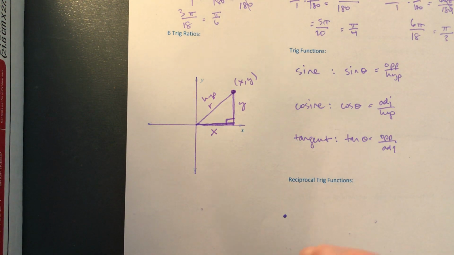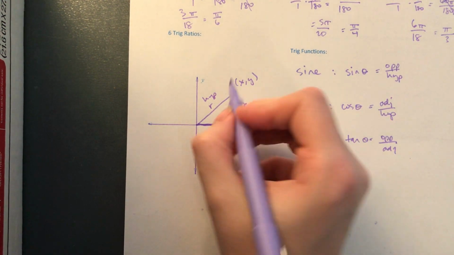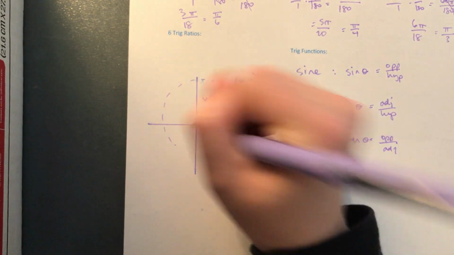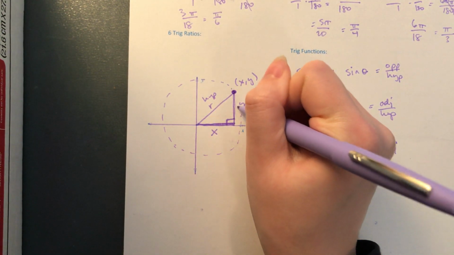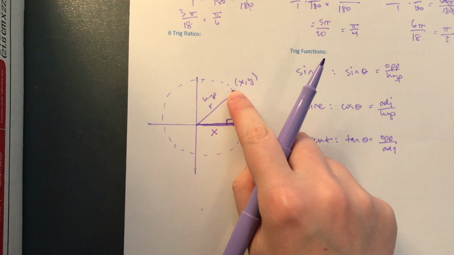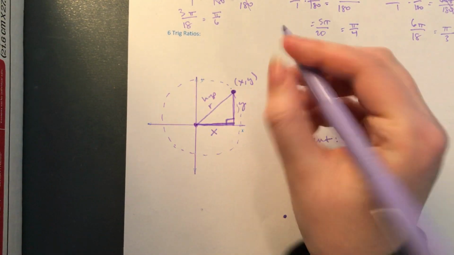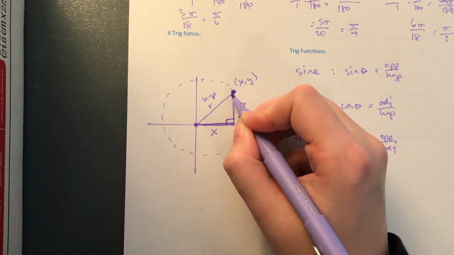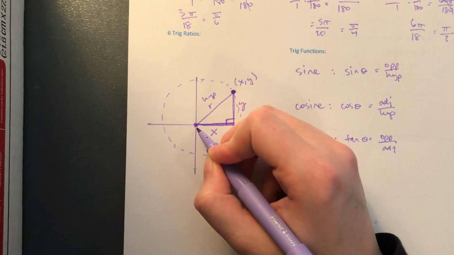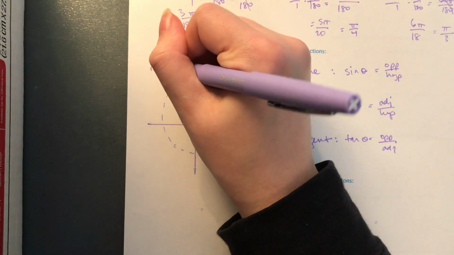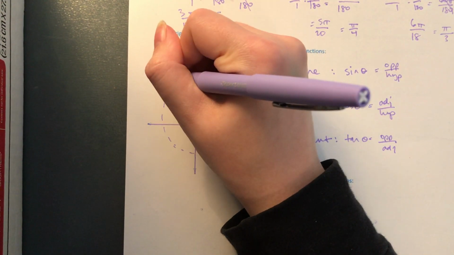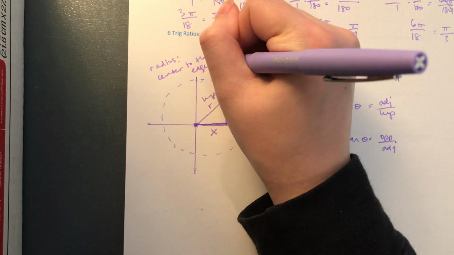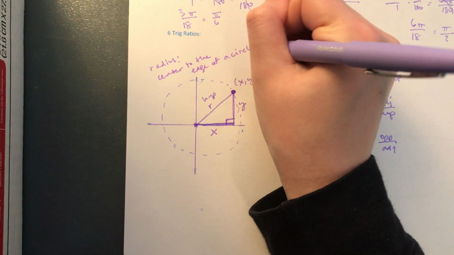And why am I calling it r? Because if you draw a circle through that point, this is the center of the circle. So this diagonal distance that your triangle makes is actually the radius of that circle. Thinking back to geometry, a radius is the distance from the center to the edge of a circle.